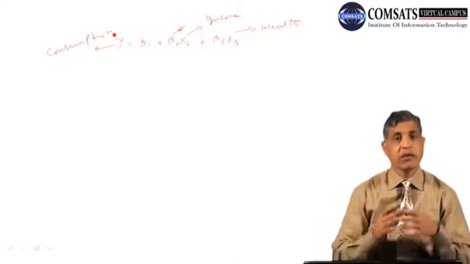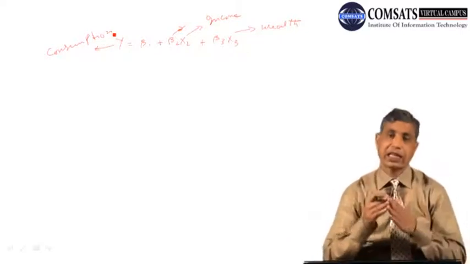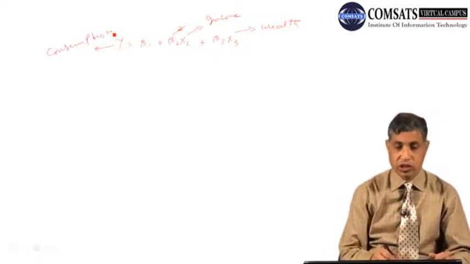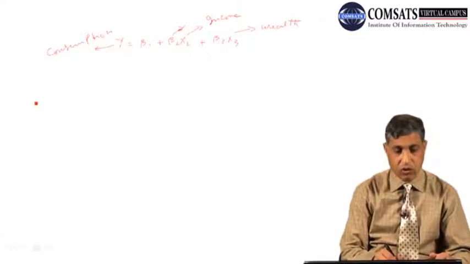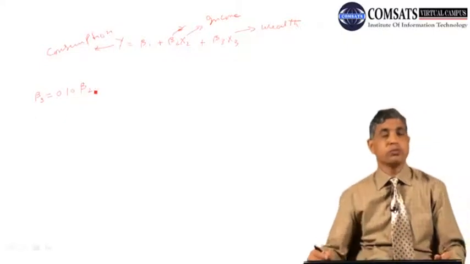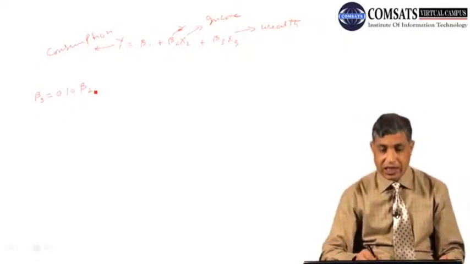So I suppose that we have the prior information that this is the situation. Now you can write that beta 3 is equal to 0.10 beta 2. Look at this here.